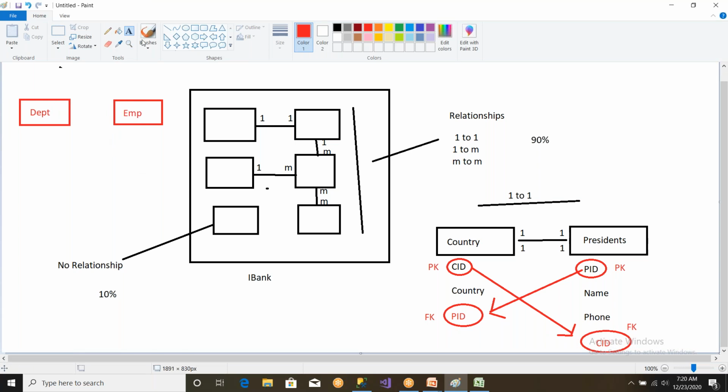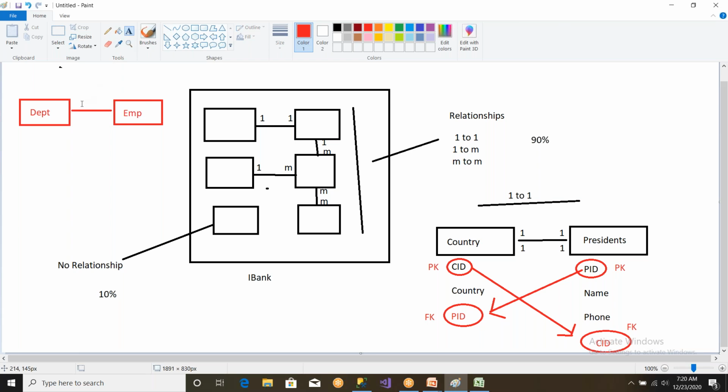So one department will have a lot of... Now, one department I'm talking about.